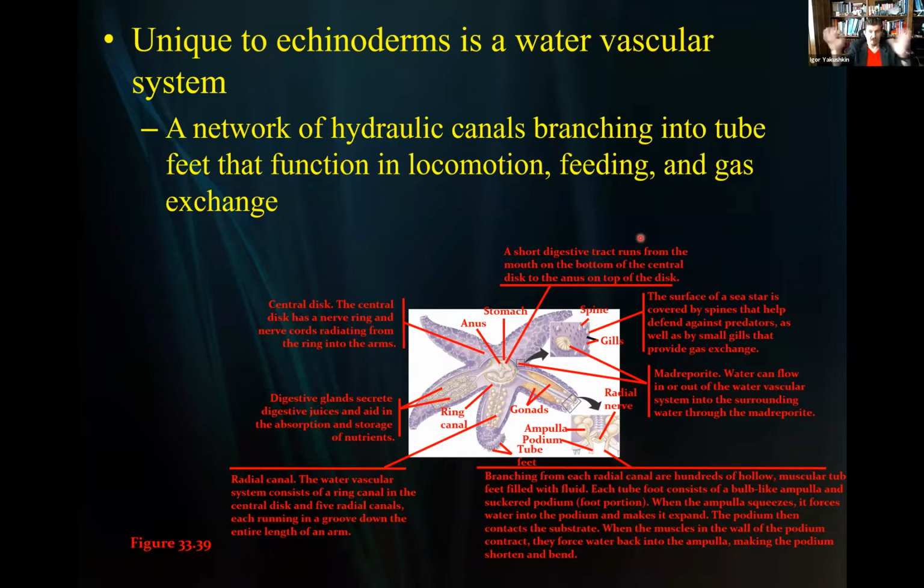So whenever, for example, the starfish latches onto a mussel and tries to pry it open, it's not just using the muscles, it's basically pulling with the water. As a result, it can hold on tight for literally hours.